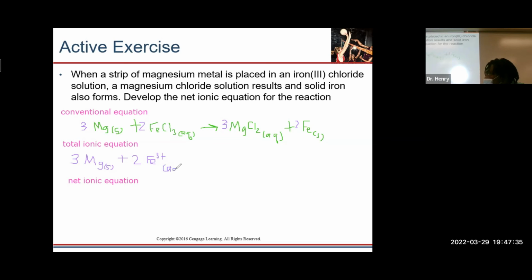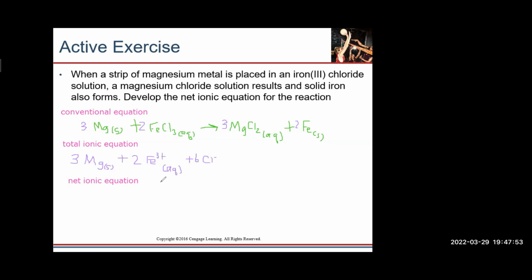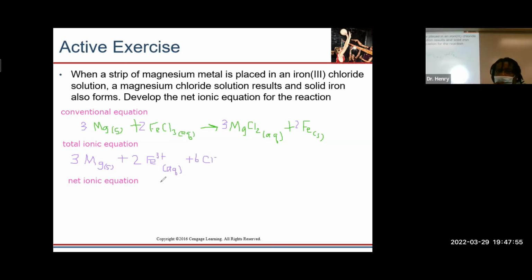Okay. Now, what else? Am I done? I have the chloride ion as well. How many chlorides do I have? I have 6. Since they're separated from the iron, they're going to be separate, right? So that's why we have to use the coefficient.